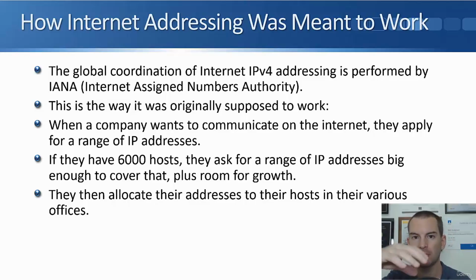They assign large blocks of addresses to the local authorities in different regions. So a company, they would apply to their local authority to get a range of public IP addresses. If they had 6,000 hosts, for example, they would ask for a range of IP addresses big enough to cover that, plus some room for growth in the future as well. That company would then allocate those addresses to their hosts in their different offices.